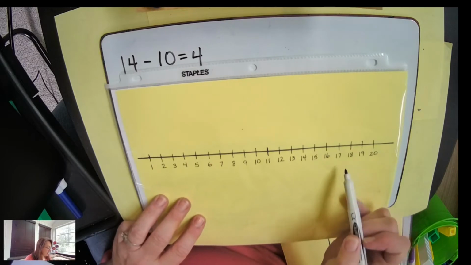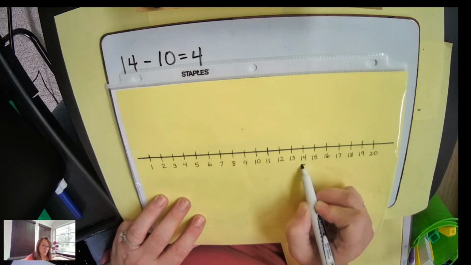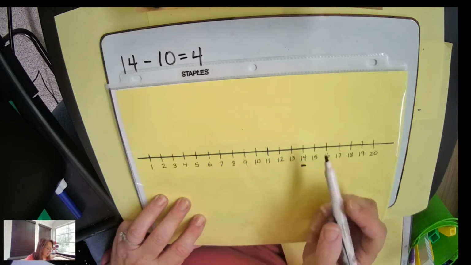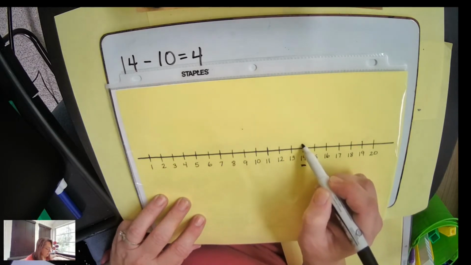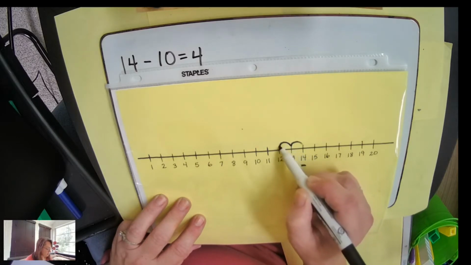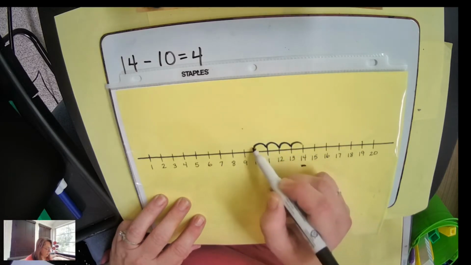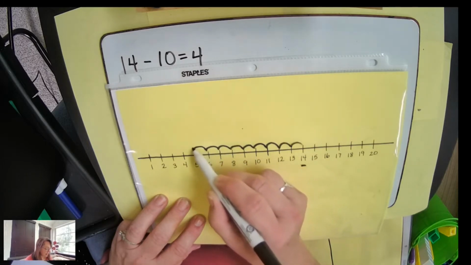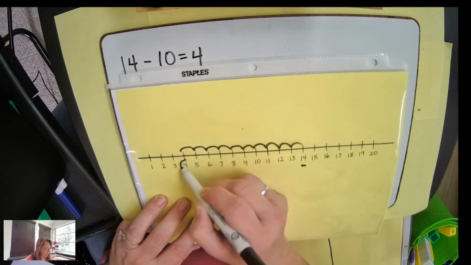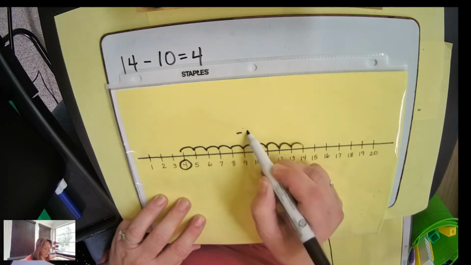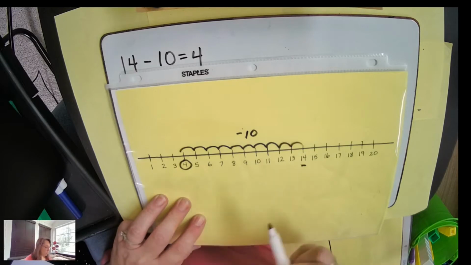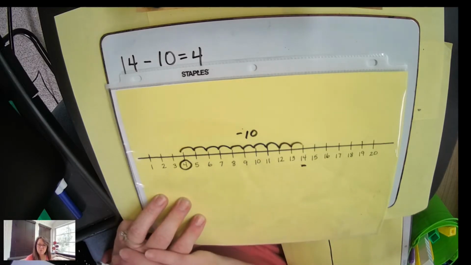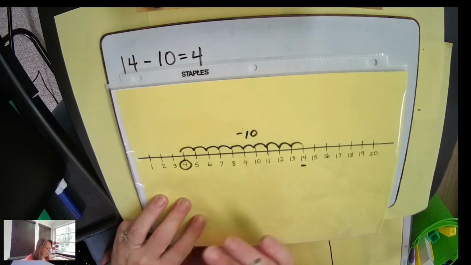So Lydia says that she started at 14 and she counted back 10. Okay? 1, 2, 3, 4, 5, 6, 7, 8, 9, 10. That's minus 10. 14 minus 10 is 4. Very good.